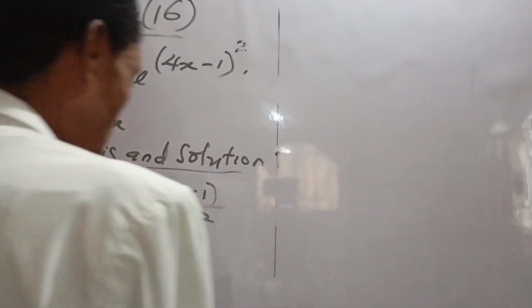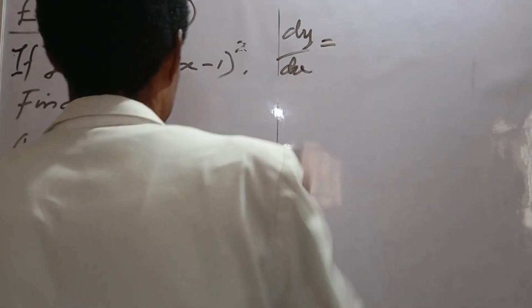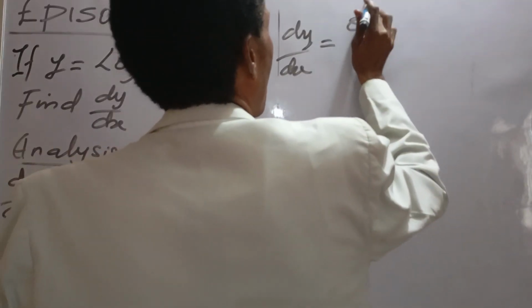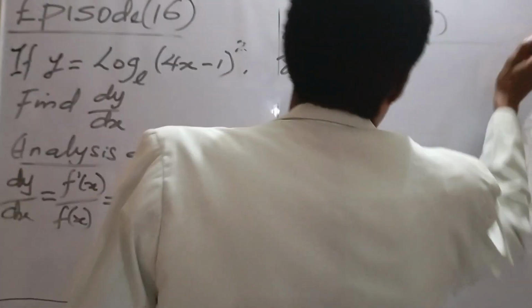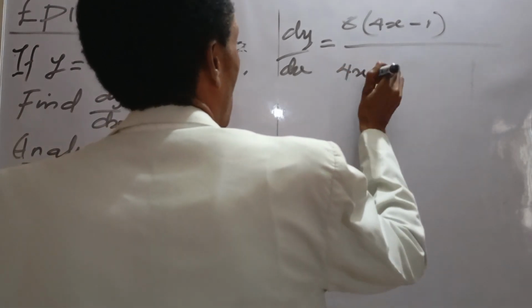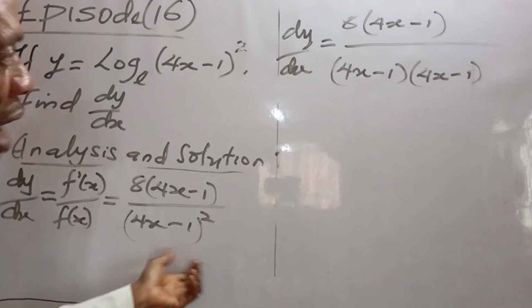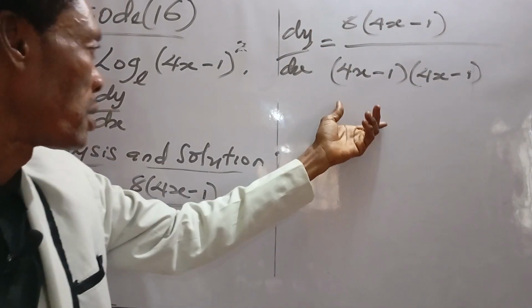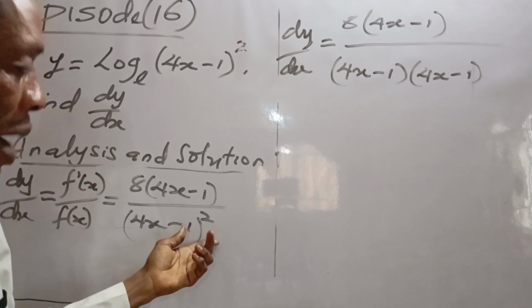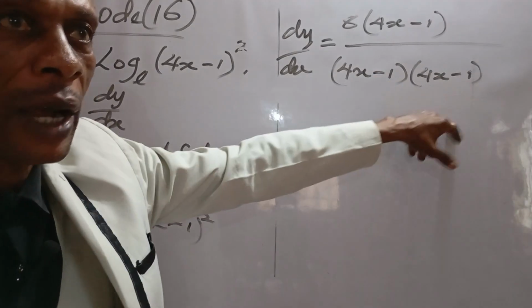This can equally be written in this form. Dy/ds equals 8 times (4s minus 1), over (4s minus 1) raised to the power of 2, which can equally be written in twos, that is (4s minus 1)(4s minus 1).